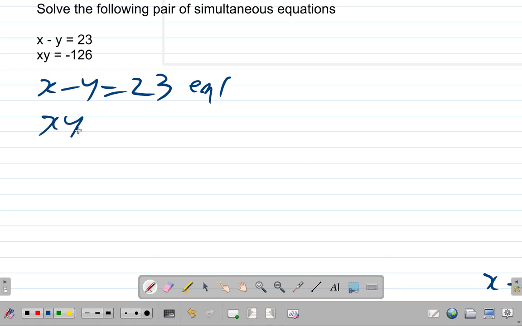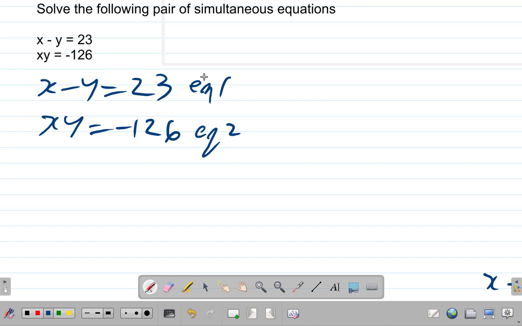And xy is equal to negative 126. Let's call this equation 2. Now, suppose we transpose equation 1 to make y the subject, then substitute y for this. We would solve part of our problem and be on our way.